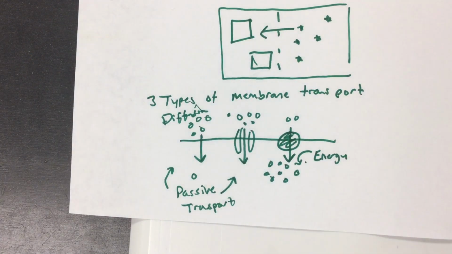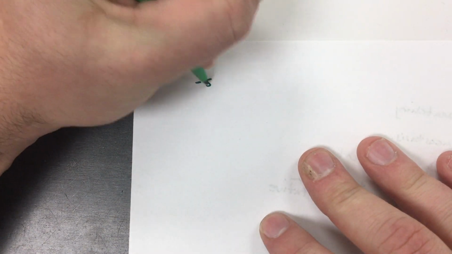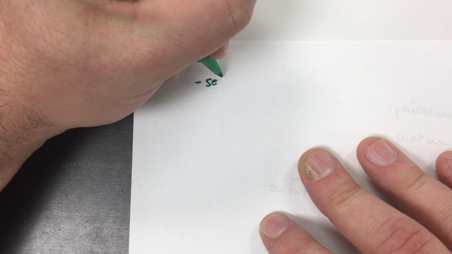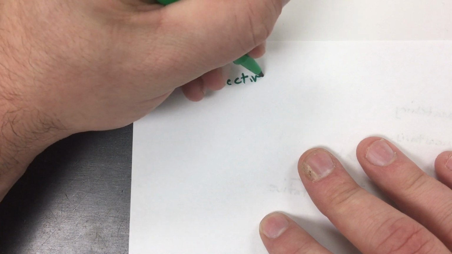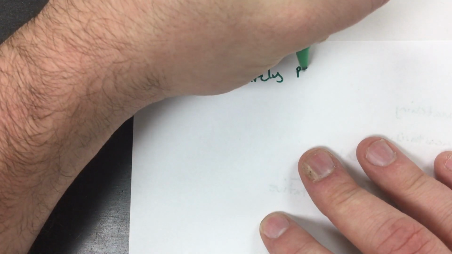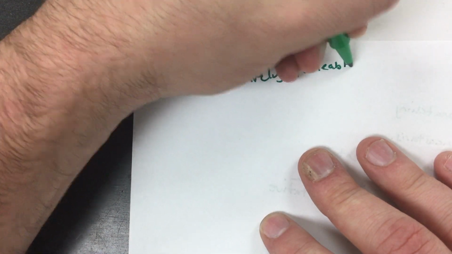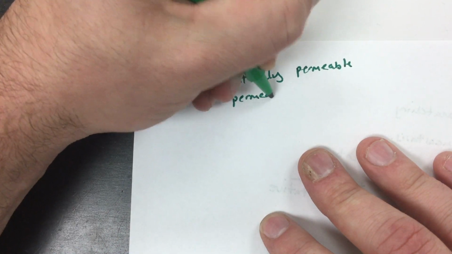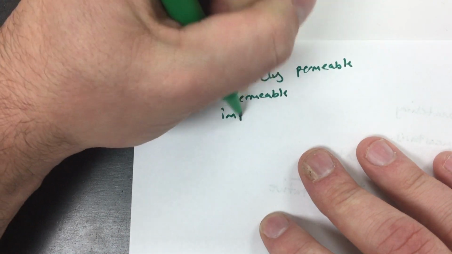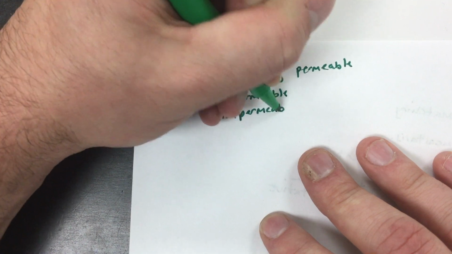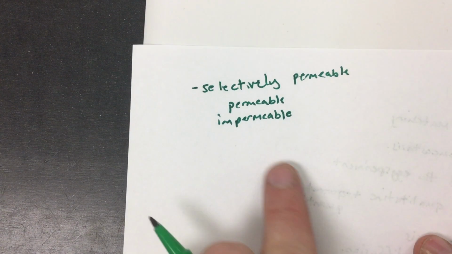All right, and then so that takes us almost halfway through the test, or over halfway through the test, rather. You need to know the difference between selectively permeable, permeable, and impermeable, right?